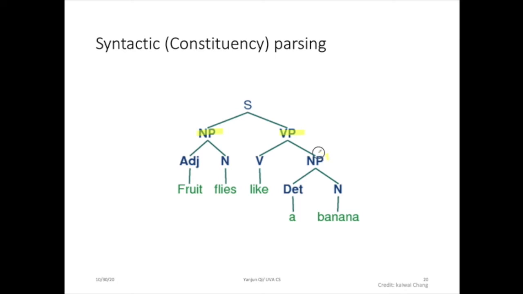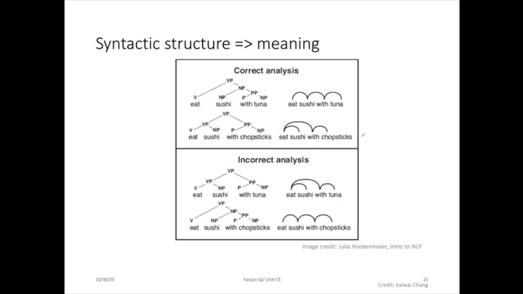You can see this noun phrase can also appear after a verb. And then the whole sentence includes a noun phrase and a verb phrase. So there's a certain kind of grammar there that regulates how we speak. In each language there are different kinds of grammar or syntactic structure. This can be reflected by the parse tree.